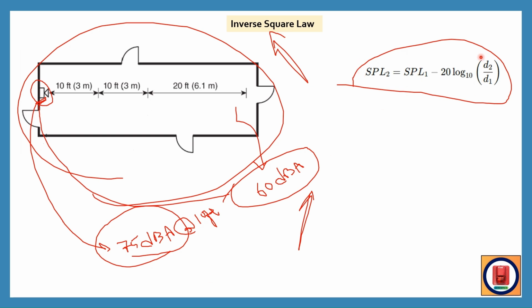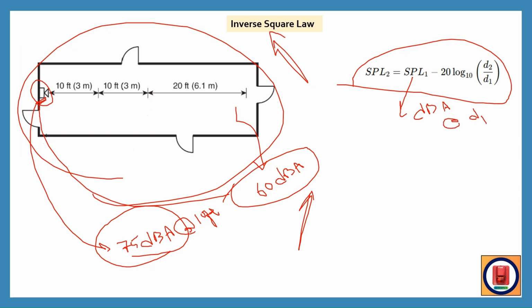According to this formula, or according to inverse square law, sound pressure level decreases as the distance from the source increases. I will explain you about that as well. Currently try to understand about this particular formula. So here SPL1 represents sound level, means dBA, at reference distance D1.